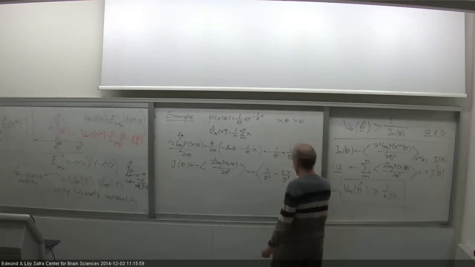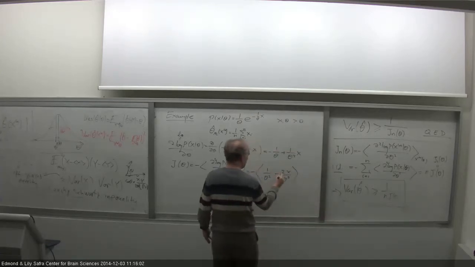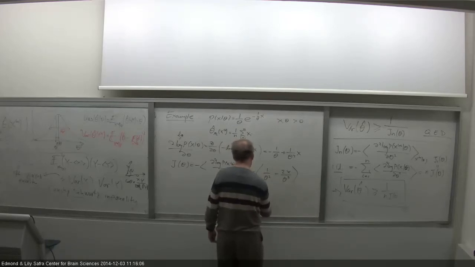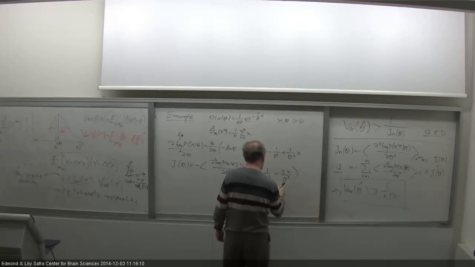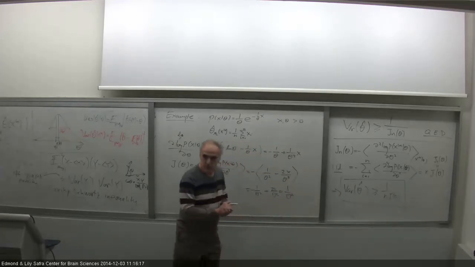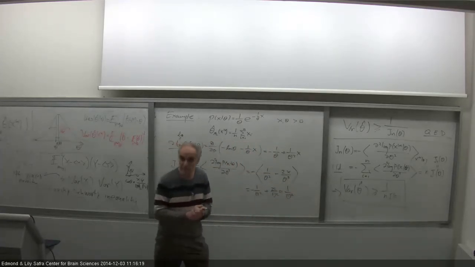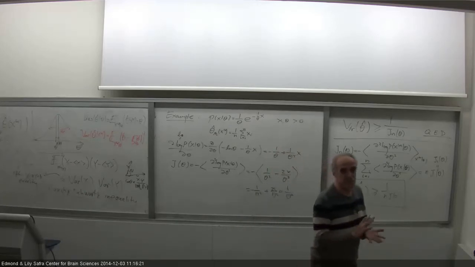Then I take the average with respect to x, which makes x into theta. So it's minus 1 over theta square plus 2 over theta square, which is just 1 over theta square. So this is the Fisher information in this case.